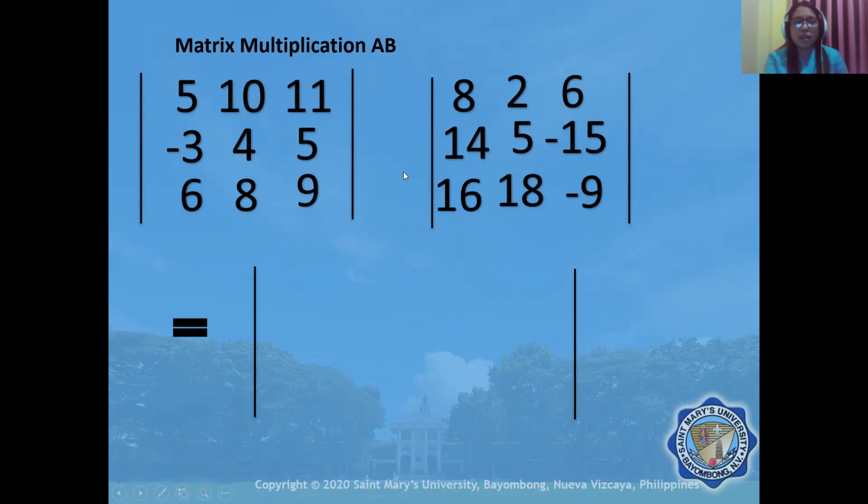To do this, we multiply each of the values in the first row to the first column of our matrix. So it's 5 times 8, and then add the product of 10 times 14 plus 11 times 16.